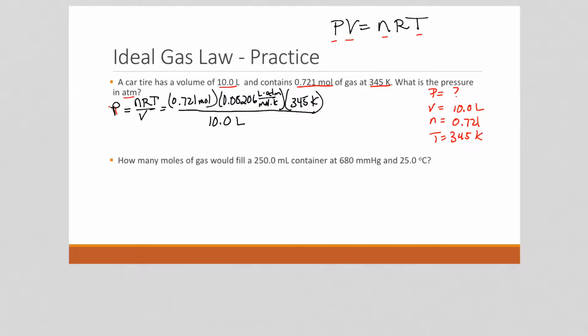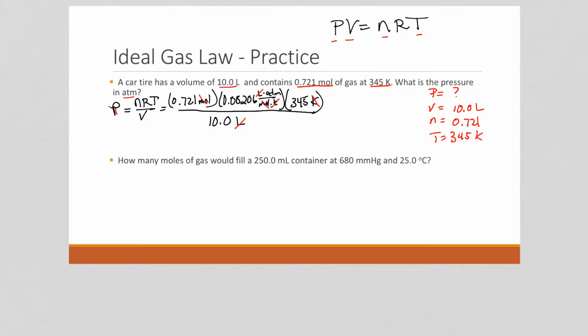If I check my dimensional analysis, I check my units, I see that moles cancels with the 1 over moles. I see that Kelvin cancels with the 1 over Kelvin. And I see that liters cancels out with liters on the bottom. So I'm left with atm, which is what I should have.